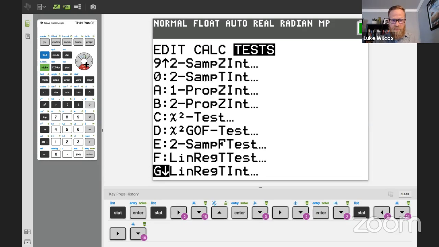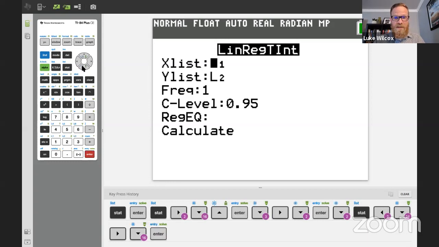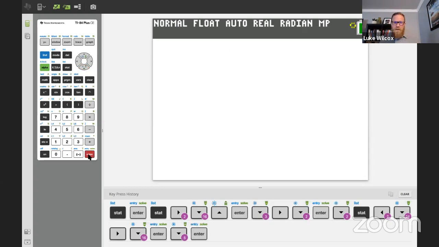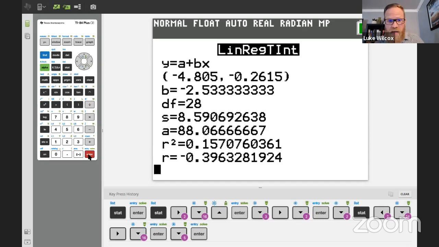There's the test. There's my T interval. It's going to ask you for the same things, right? Which lists? I'm going to want a confidence level of 95%. And I'm going to hit calculate. So go ahead and write these numbers down. We got negative 4.805 and negative 0.2615. That is our confidence interval.